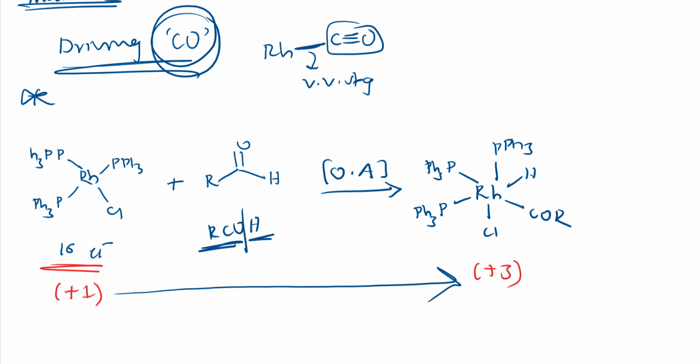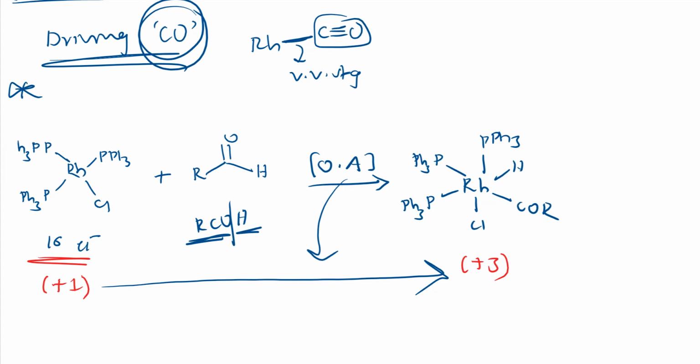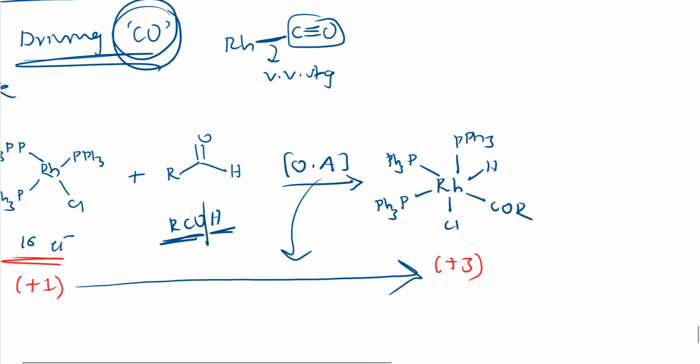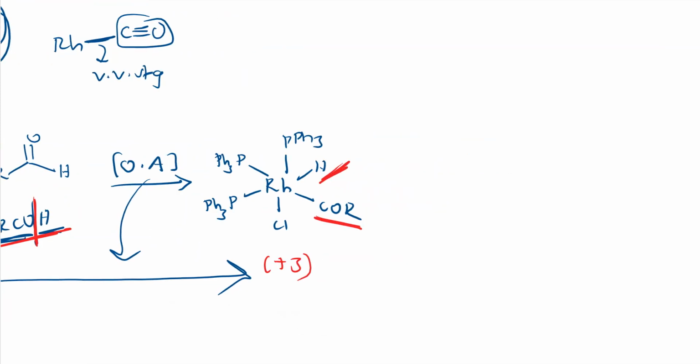That step is nothing but oxidative addition. Whenever there is an increase of 2 units in oxidation state and addition of some compound, it is oxidative addition. Here it has added this aldehyde, RCO is attached and one hydrogen attached, because of which the +3 oxidation state is there.